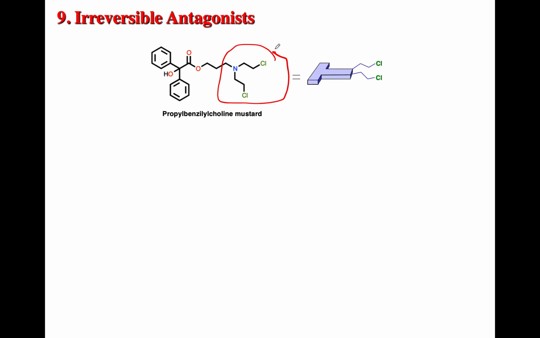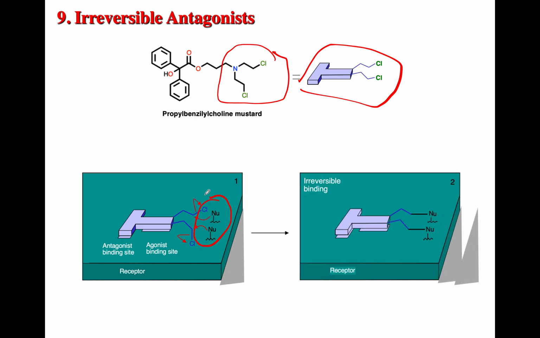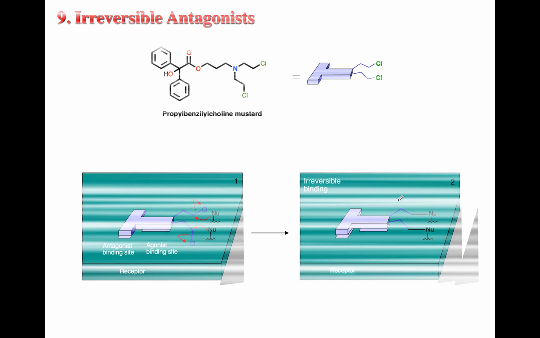So this particular molecule here, drawn in a cartoonish representation, can go and interact with the binding site where there are nucleophilic groups available, and those nucleophilic groups are going to interact and form covalent bonds so that the antagonist is going to be bound to the receptor for the duration of the lifetime of the receptor.